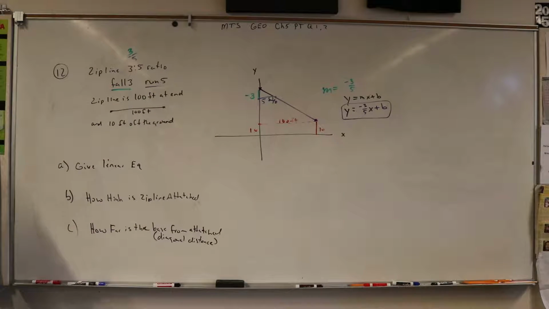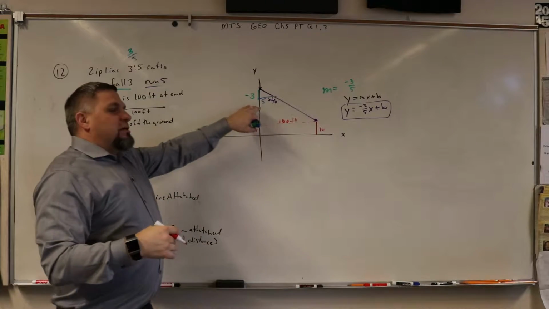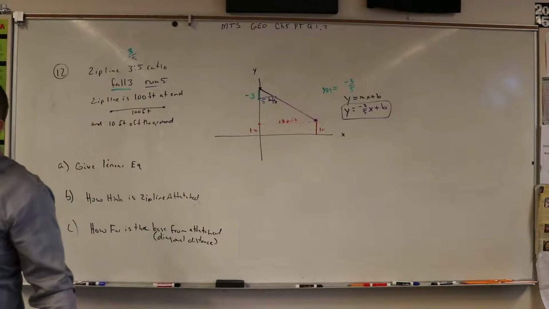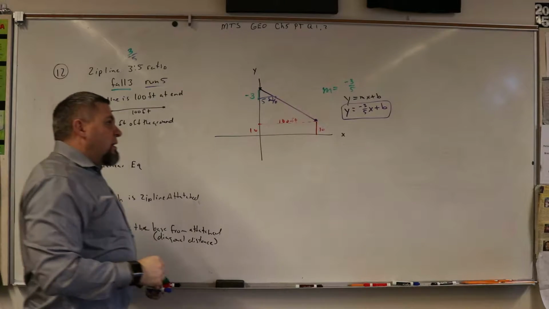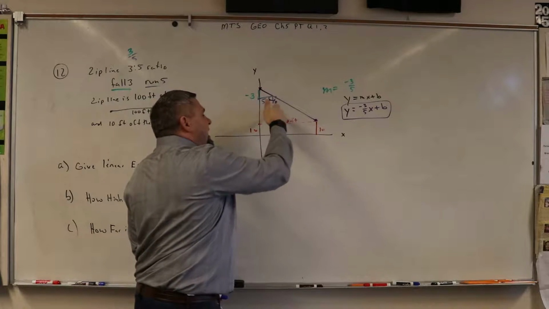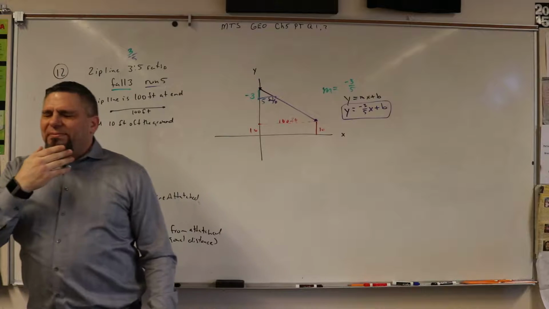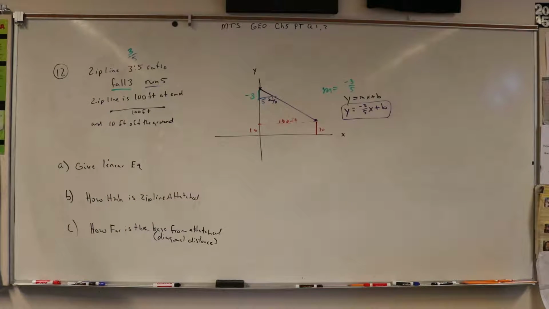Next chapter we're going to talk about ratios and similar triangles and how these ratios are the same, but I'm already teaching you that right now. What can I multiply 5 by to get to 100? 20.